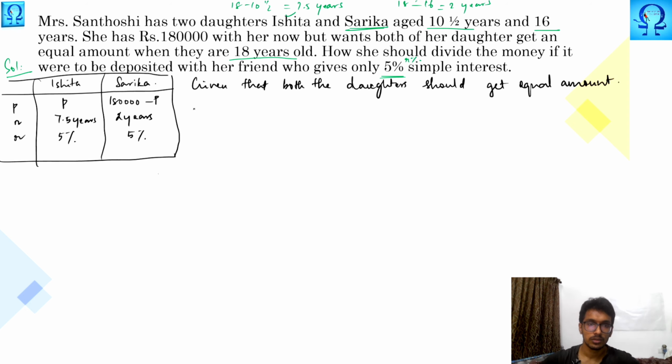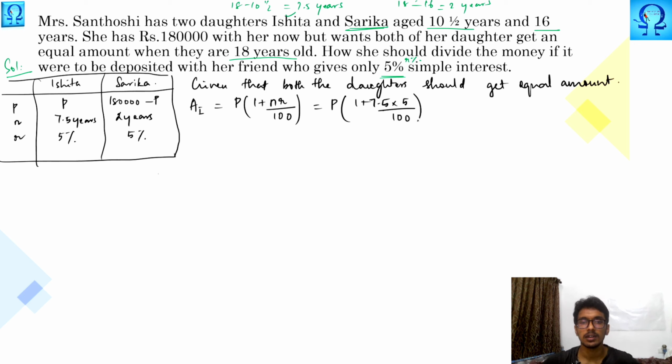Let us find the amount for Ishita. I am writing this as AI. So this would be P times (1 plus NR upon 100), which is P times (1 plus 7.5 times 5 upon 100).